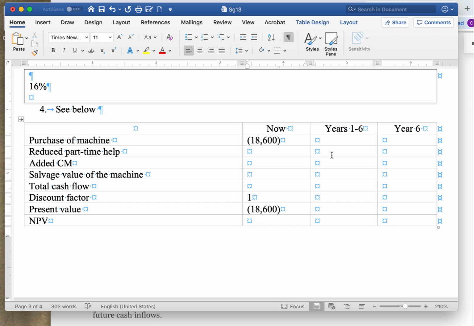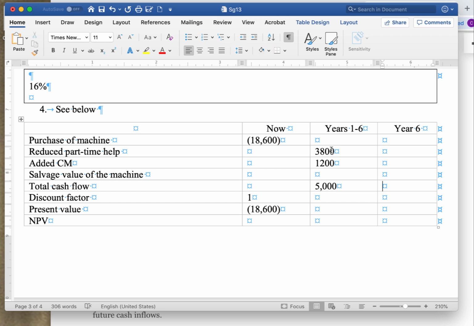So we have the reduced part-time help, which is $3,800. We have the added contribution margin of $1,200. We see that the total cash flow here ends up being $5,000. Okay, let's just stop right there for a minute.